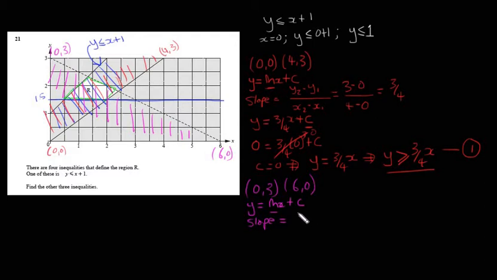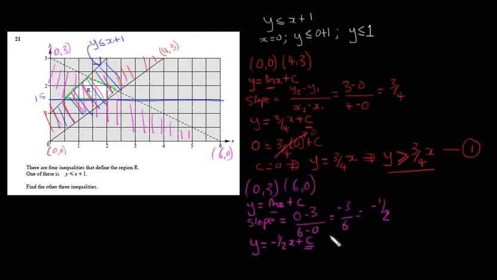So y2 is 0 minus y1, 3, divided by x2, which is 6, minus 0. We get minus 3 over 6, which is equal to minus half. So we know that slope is minus half. So we get this equation, y is equal to minus half x plus c.